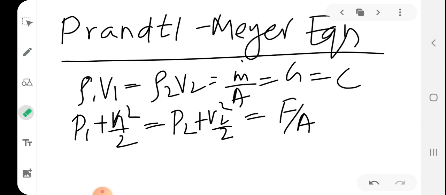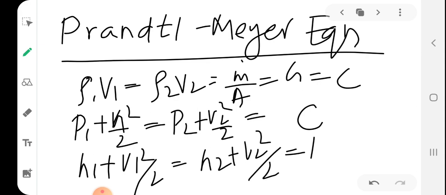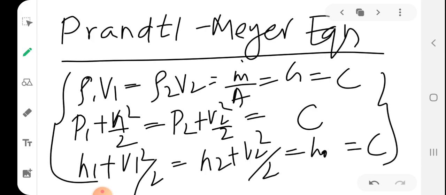Don't worry, you don't need to write that, it will make you confused. It will be constant. And again, h1 plus V1 square by 2 is equal to h2 plus V2 square by 2 equal to h0, a constant. These three are the main equations that will be required to obtain the expression for the condition for normal shock.